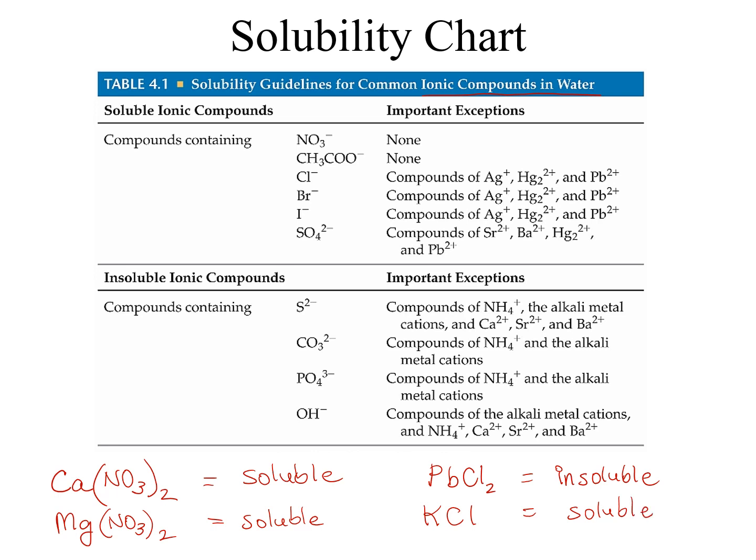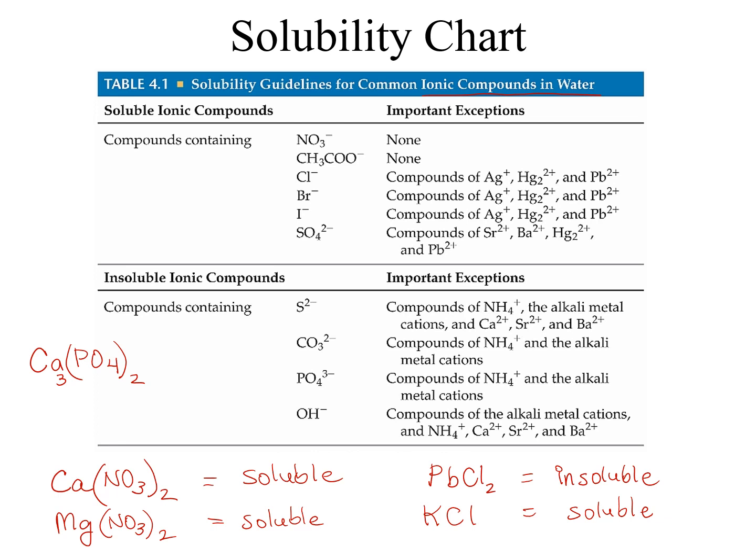Now can you predict whether calcium phosphate will be soluble or insoluble in water? Take some time to predict. Okay, now we are dealing with phosphate ion, and from the solubility chart you can see phosphates are usually insoluble except when they are paired with these.